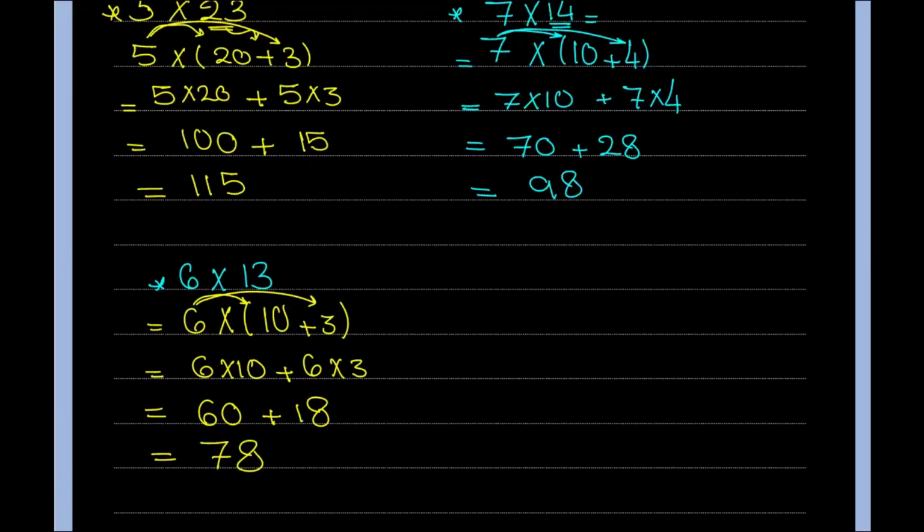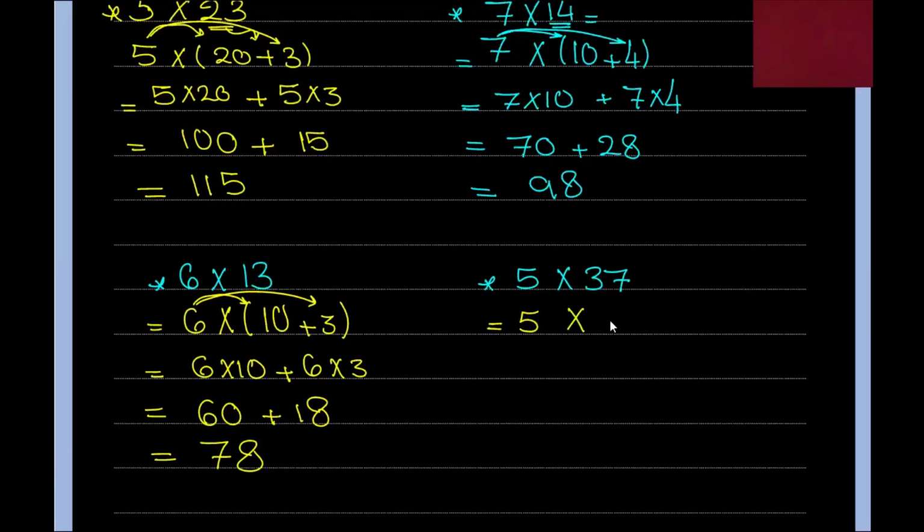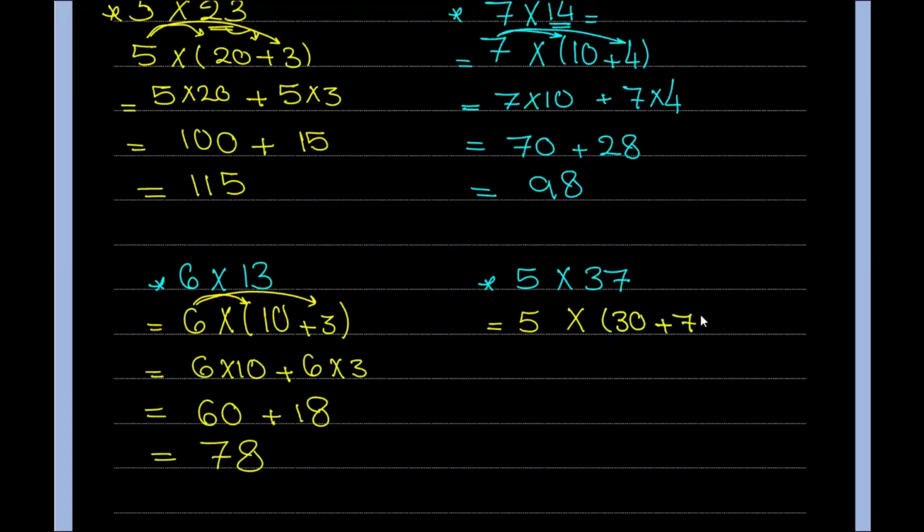Again for this one. If you need to multiply 5 times 37, how can we multiply this one? I will write 5, then times. Just 1 minute. Okay. So 37 will be 30 plus 7.